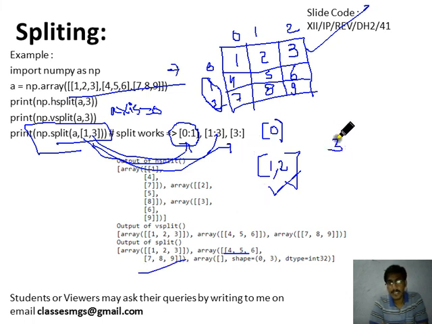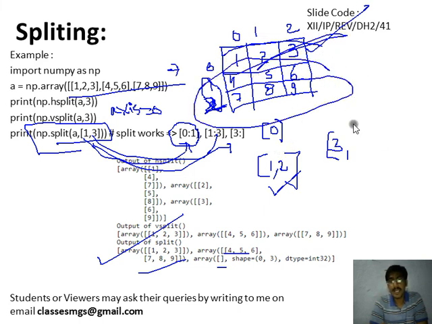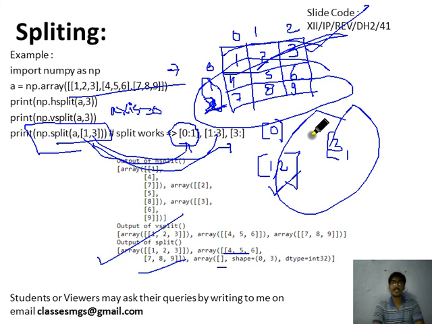Then from 3, there is no index with value 3, so there will be an empty array. So these are the three portions we will get as output. We will have 1 2 3 as one split, 4 5 6 7 8 9 as another split, and no split is possible for index 3, so one empty array will be returned. So this is the way you can do the splitting.